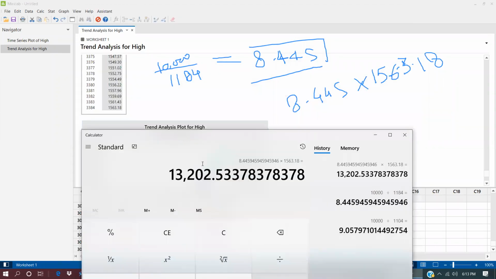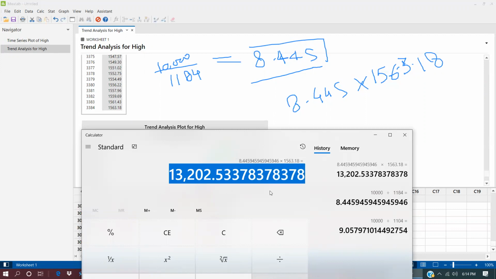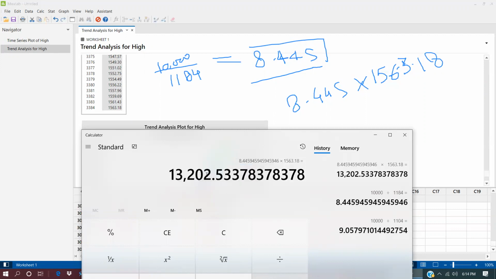So you invested $10,000. Now after 365 days, or 365 observations, you are getting 13,202. That means you are getting 3,202 as profit on your investment, or return on investment. So basically, this is the way to do things.